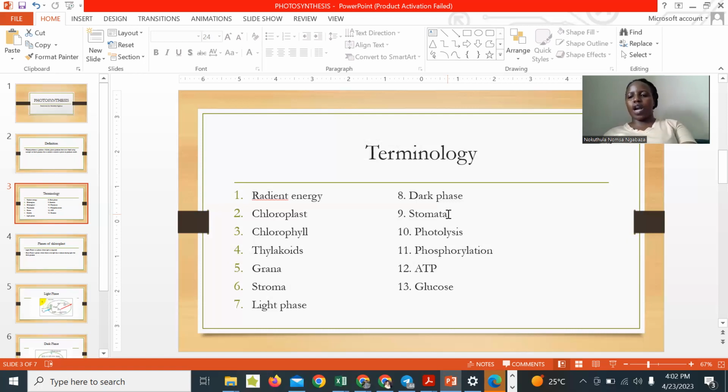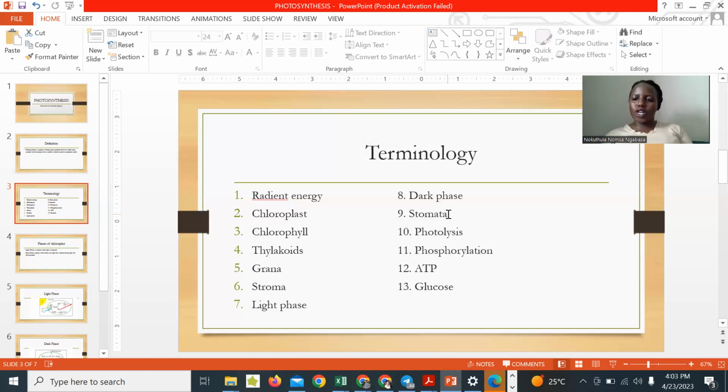We are still going to come across photolysis when we are explaining photosynthesis, and it is very important for you to know that photo means light and lysis means split. So it simply means your hydrogen and oxygen are going to split in the presence of light. I'll repeat again, photolysis means to split: photo means light and lysis means split.